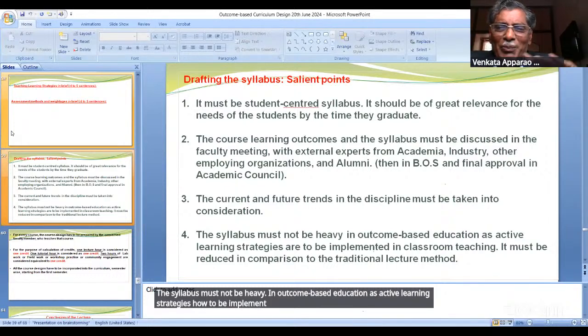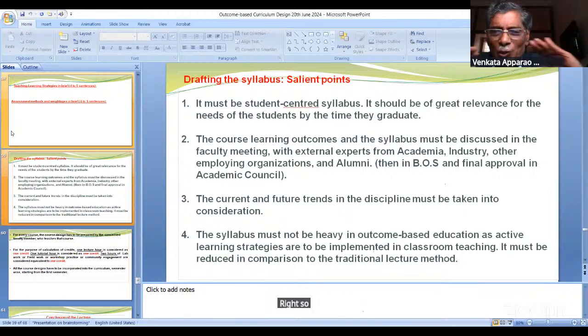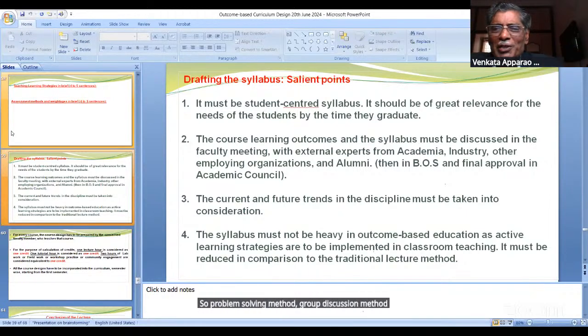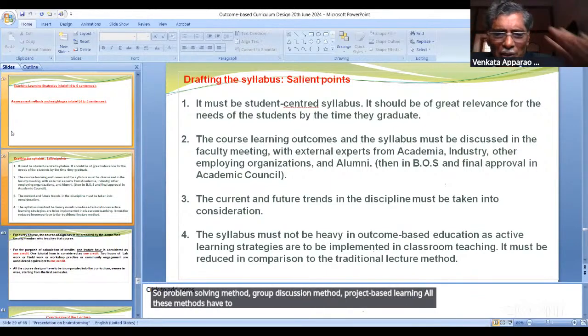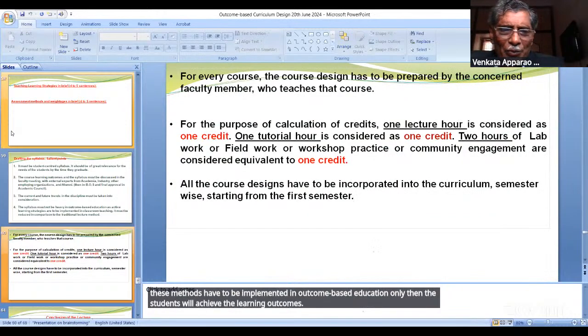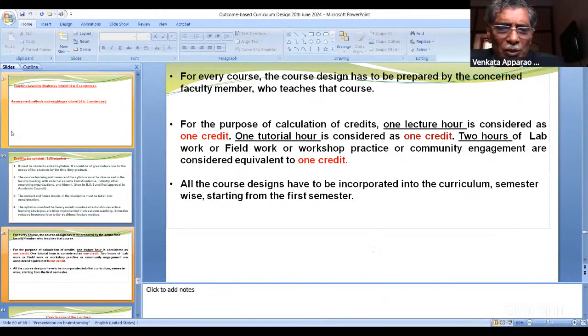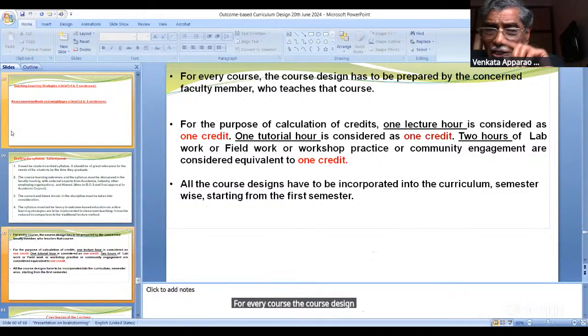You cannot implement only the lecture method, right? So problem-solving method, group discussion method, project-based learning, right? All these methods have to be implemented in outcome-based education. Only then will the students achieve the learning outcomes. For every course, the course design has to be prepared by the concerned teacher.